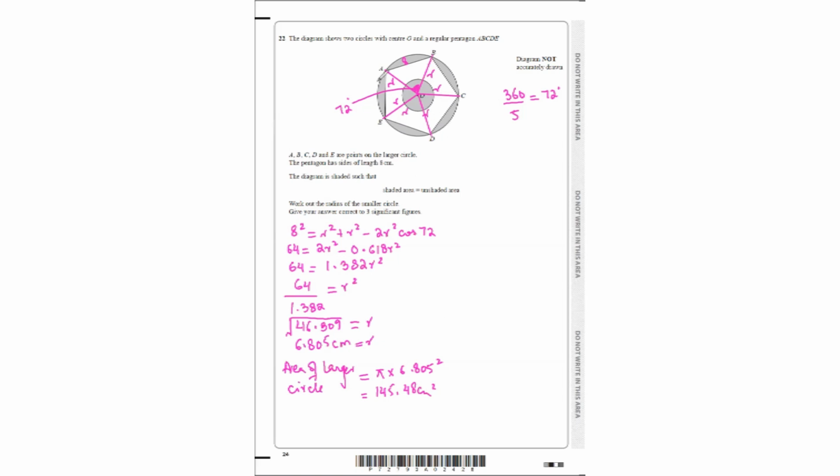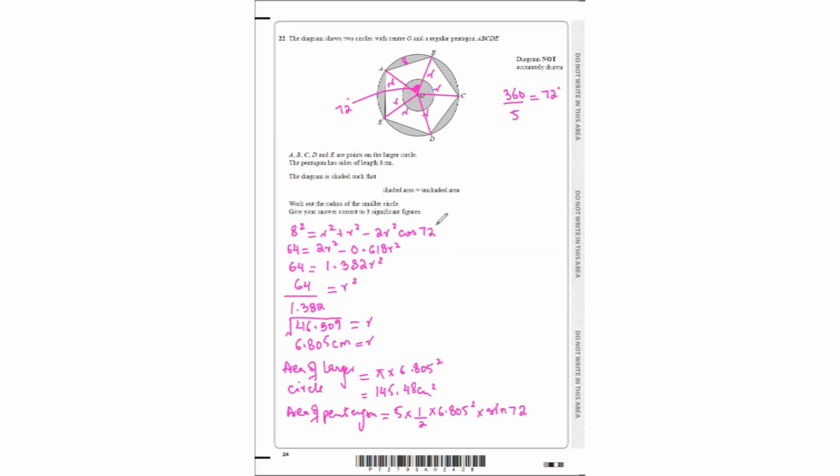To find the area of the pentagon, we can find the area of one triangle and then times it by 5. So area of pentagon would be 5 times the area of the triangle, which is 1/2 times r squared, which is 6.805 squared, times sine of 72. We're using the formula that we use for non-right angle triangles.